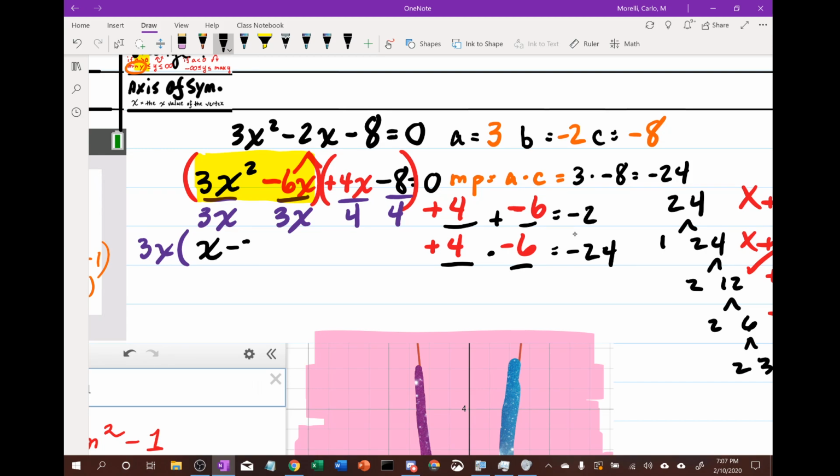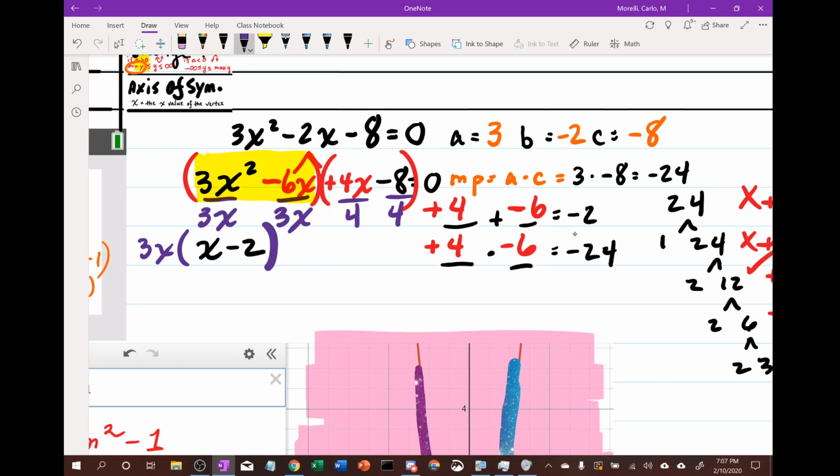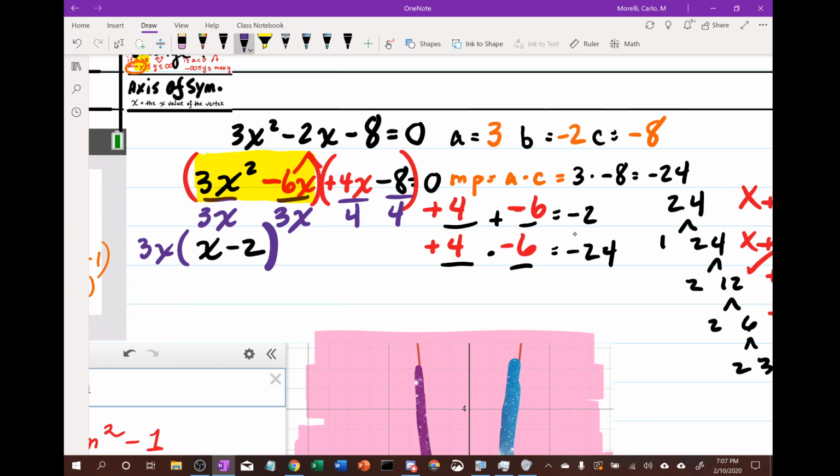There we go. Now. One smart dude, man. Clap, clap, clap for sure. And so you factored the left binomial into 3x, open parentheses, x minus 2.